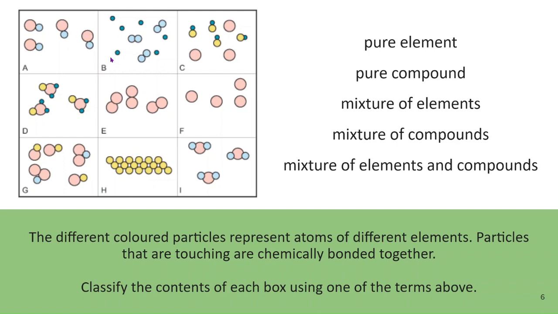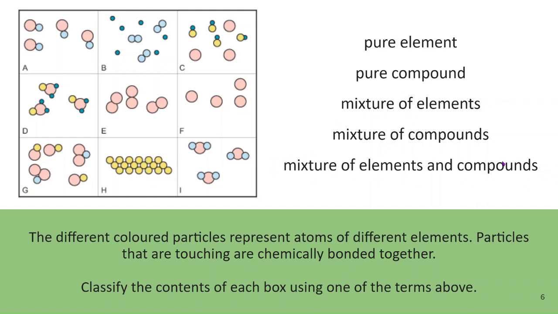On B, we have these little blue particles and then this other set of particles that are bonded to each other. So this one is a compound right here, but this is not, right? So it can't be either of these. So in this case, this is an interesting one. This is a mixture of two elements.